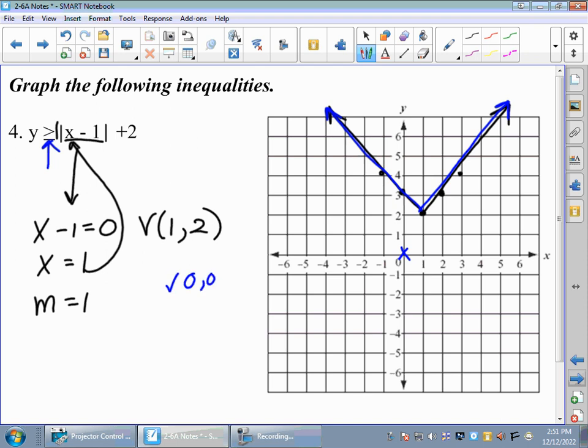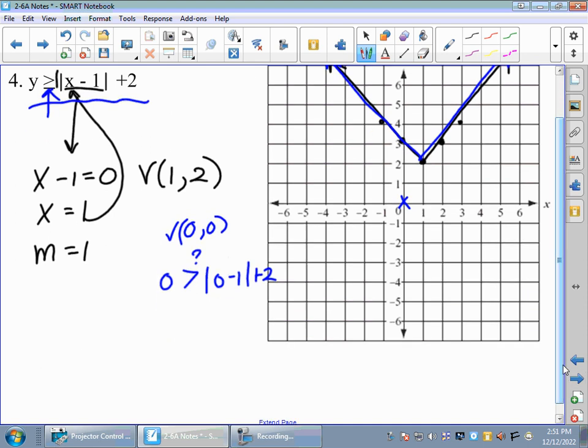So if I check 0, 0, and I plug 0, 0 into this crazy function, the y value is 0. I'm testing, is that greater than the absolute value of 0 minus 1, plus 2. Now, a little bit more complicated than when we did this with lines. So let's take a little bit of work here. Do 0 minus 1, and that's -1.